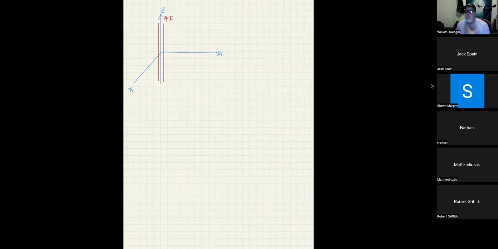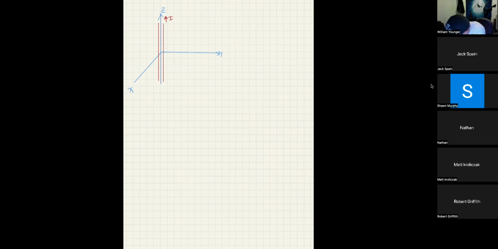Okay. Now, from symmetry and what we've studied about wires and the Biot-Savart law, I know that the magnetic field should be related to the distance away from Z. In other words, if I found a circle whose center was along the Z axis and was parallel to the XY plane, I would suspect the magnetic field would be of constant strength everywhere on that circle, just from my knowledge of the law of Biot-Savart.